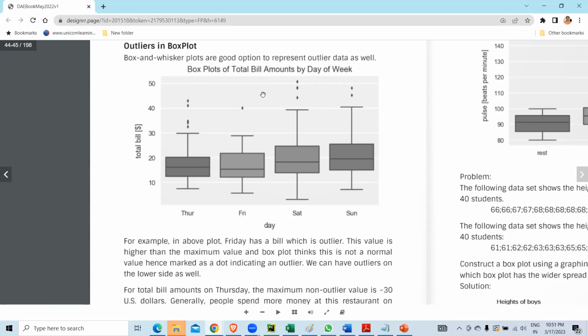Yes, correct. The range is also higher when you go to Saturday and Sunday. Looking at Saturday, the median is somewhere around 18. So it's also considering the outliers for that median. Correct.